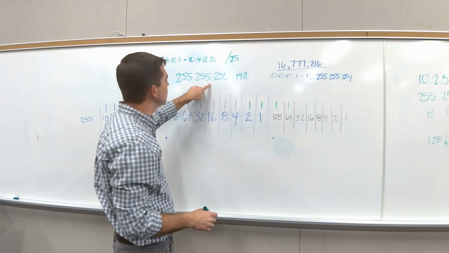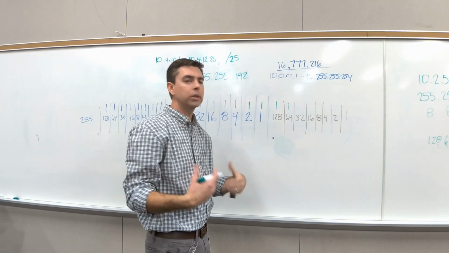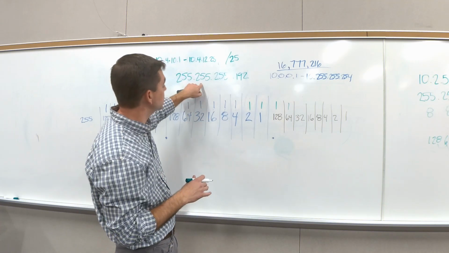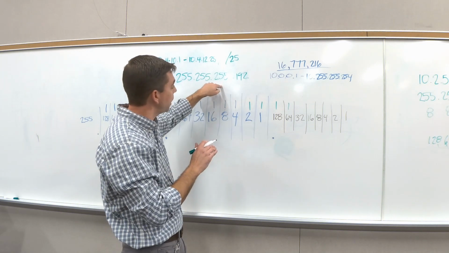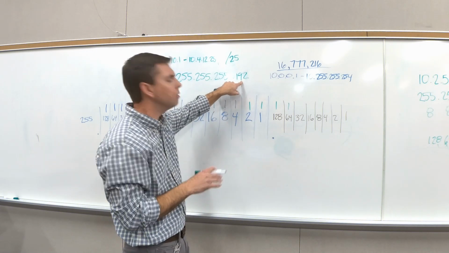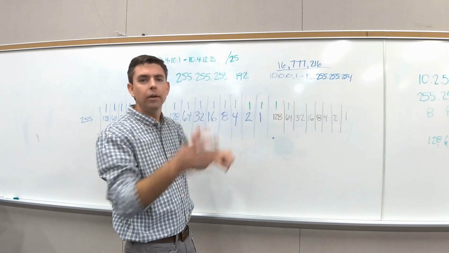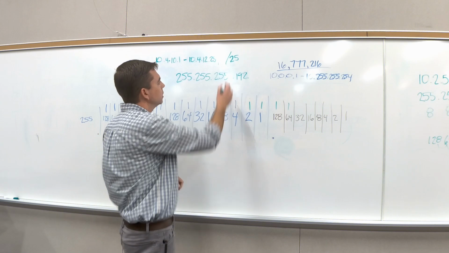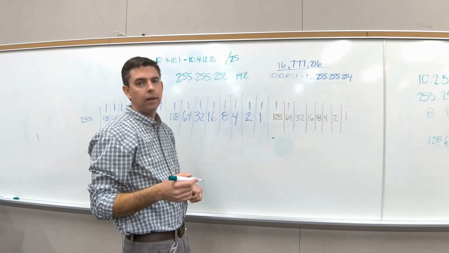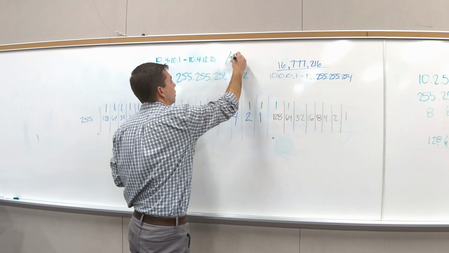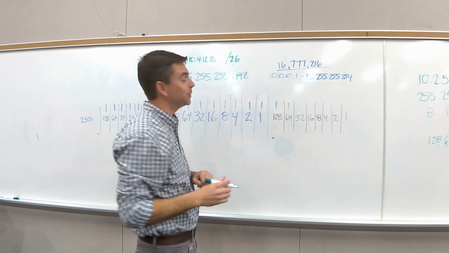These numbers are for us humans, so we can know, okay, 255, that means it's been used. 255, been used. 255, it's been used. 192, which is 128 plus 64. First 2 bits have been used. Again, this is CIDR notation. There we go. Update my CIDR notation for you.